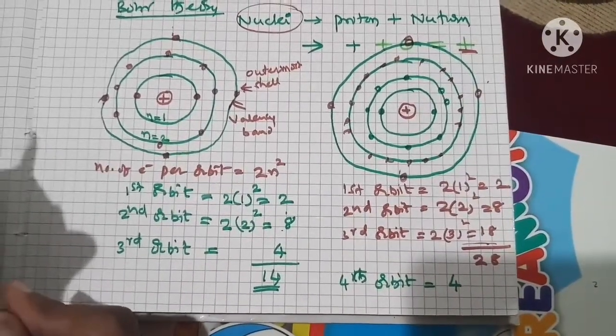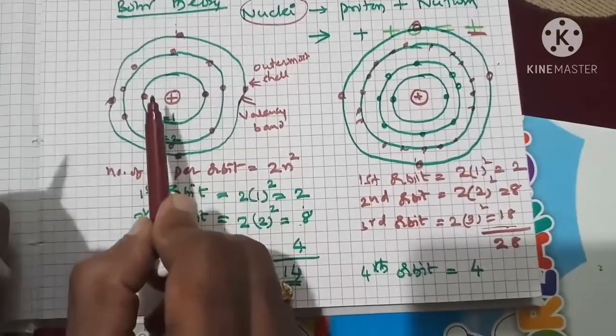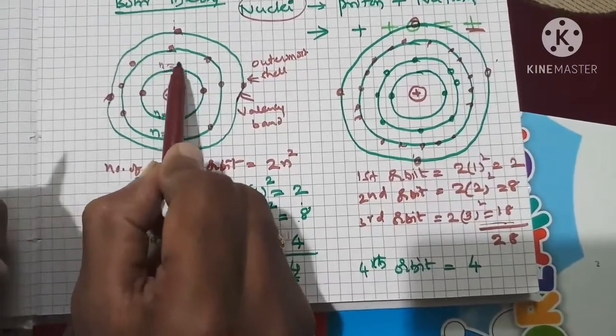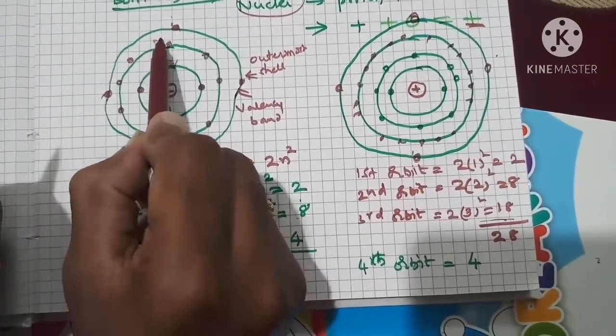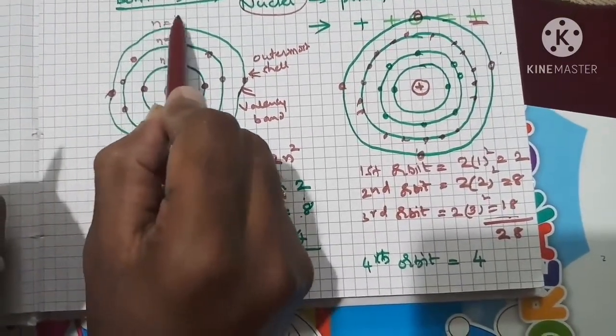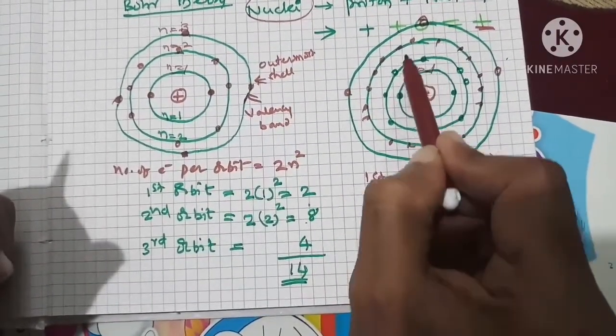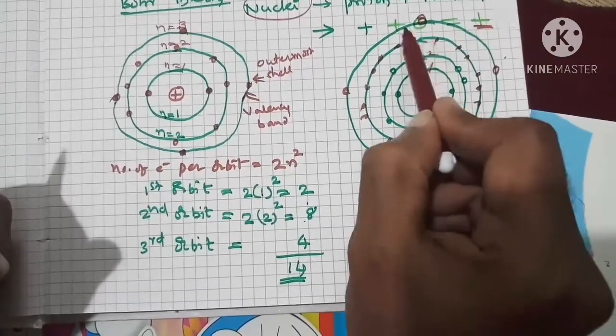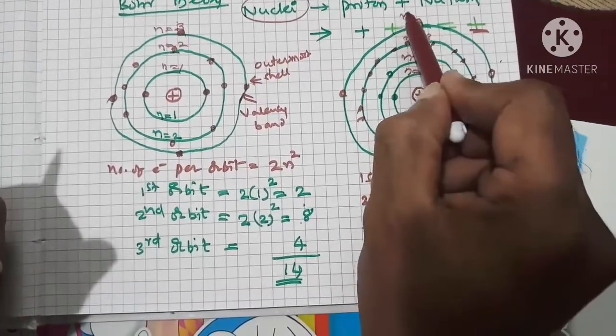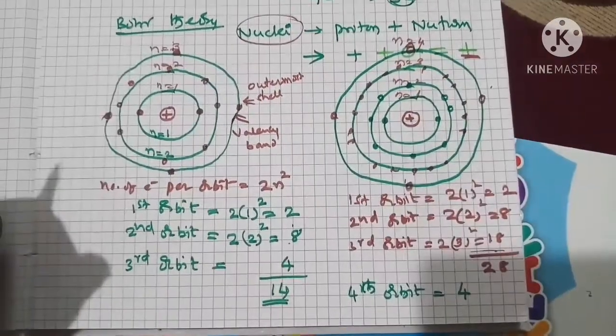And the second point is, if you clearly observe, silicon is having n equal to 1, n equal to 2 and n equal to 3. It is having 3 orbits, and germanium is having 4 orbits, 1, 2, 3, and this is the fourth one.